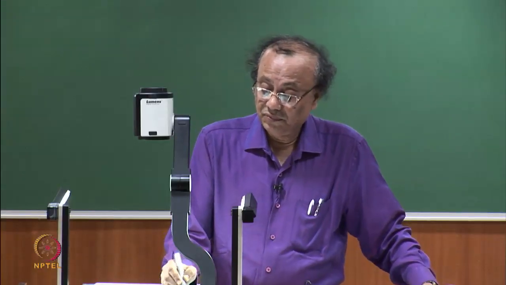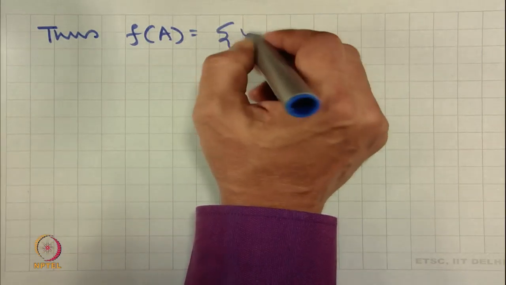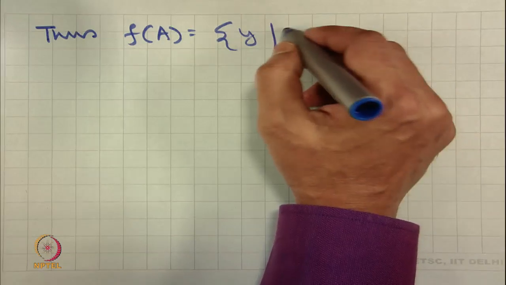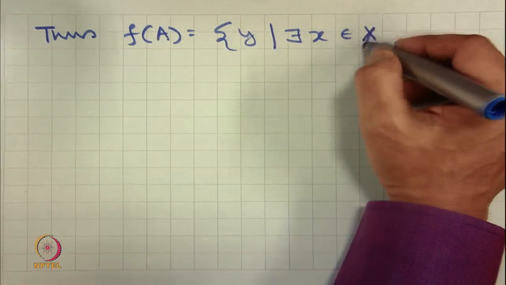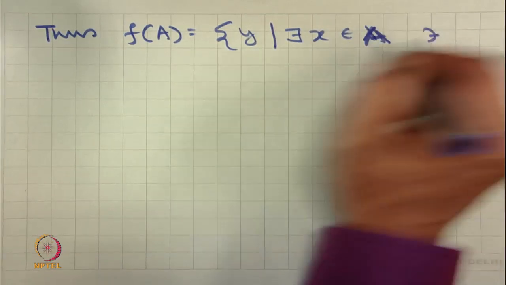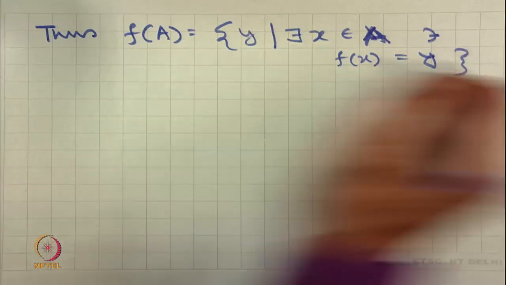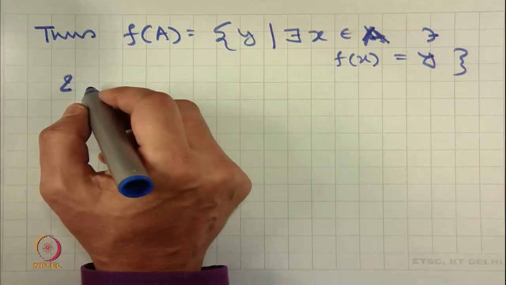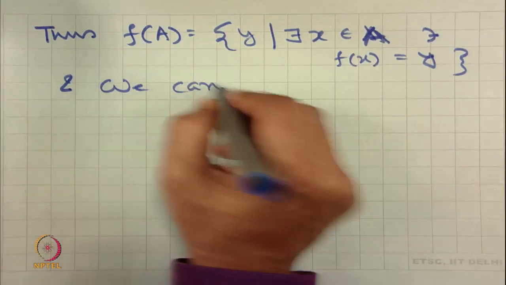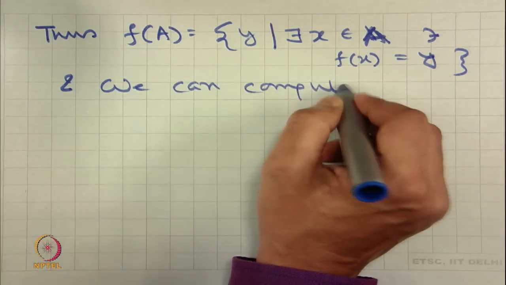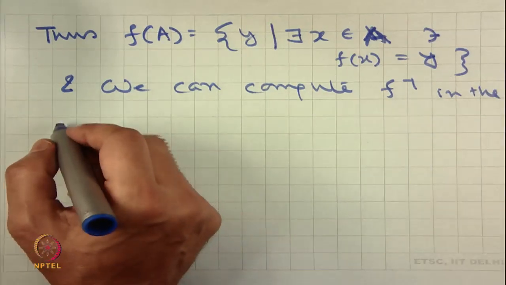Thus, f a is equal to the set of all y such that there exists x belonging to A such that f x is equal to y. And we can compute f inverse in the following way.